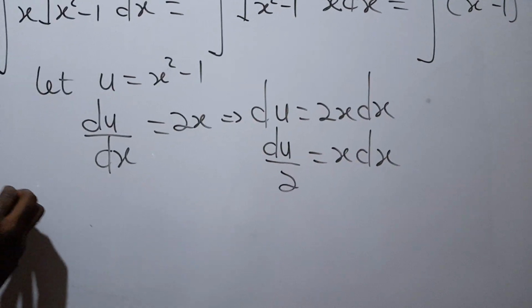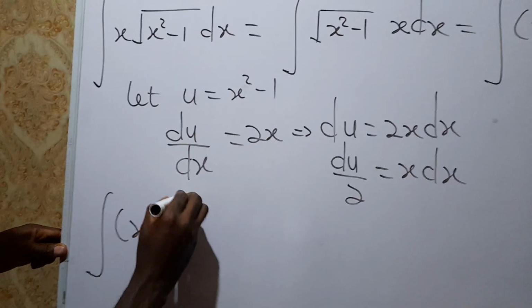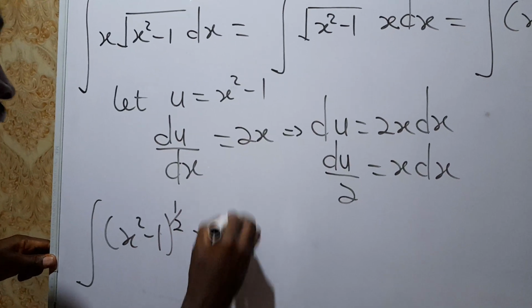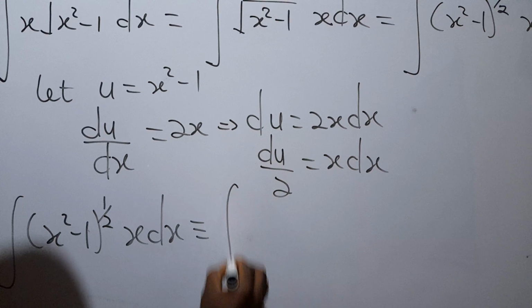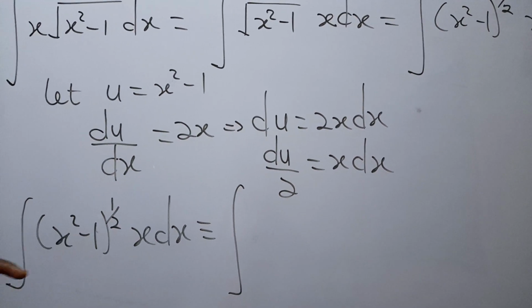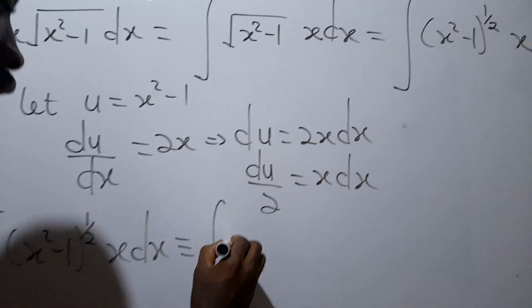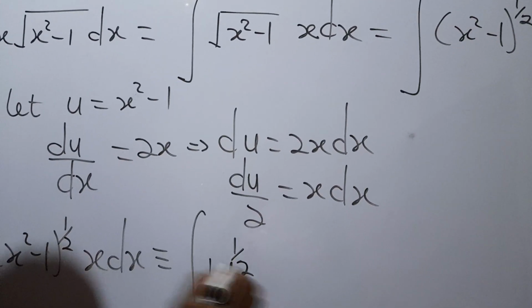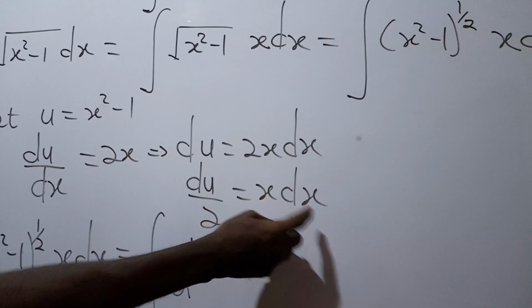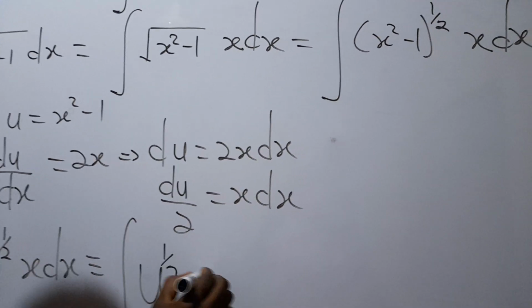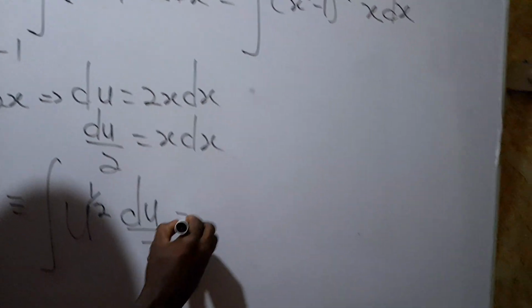So we can say our integral of (x squared minus 1) exponent half times x dx will now be equivalent to the integral of, now x squared minus 1 is u. So in place of x squared minus 1, we substitute u. So we get u exponent half. Then our x dx is du over 2, which we can rewrite as half.